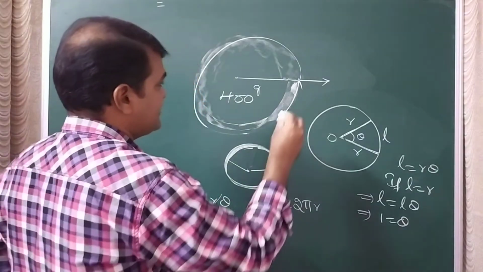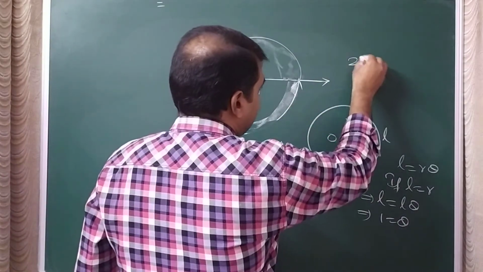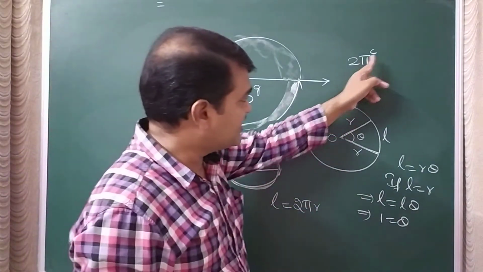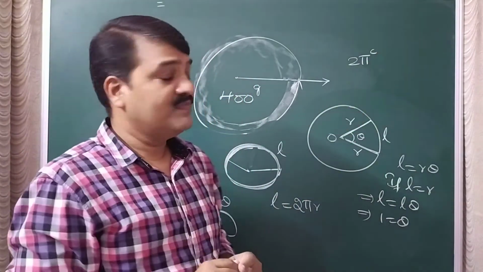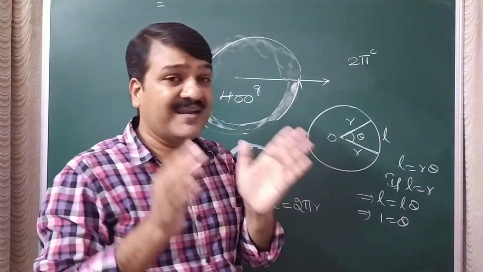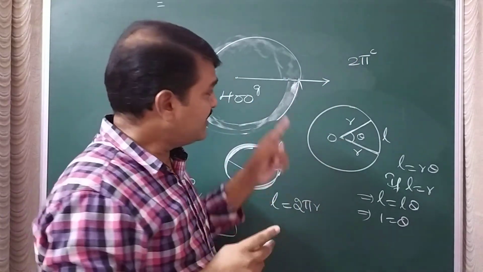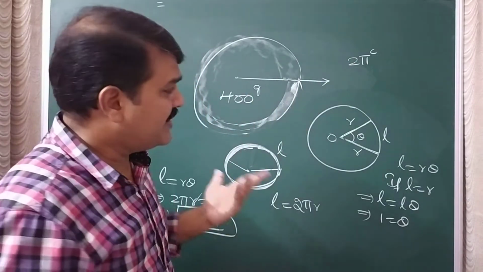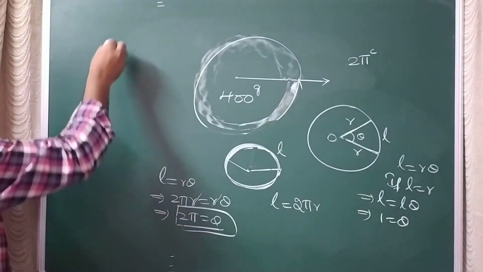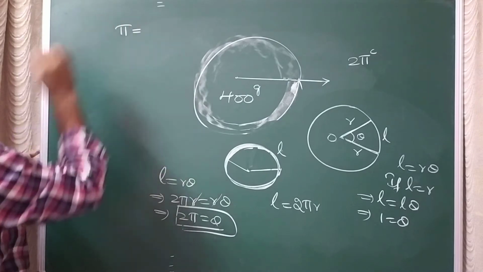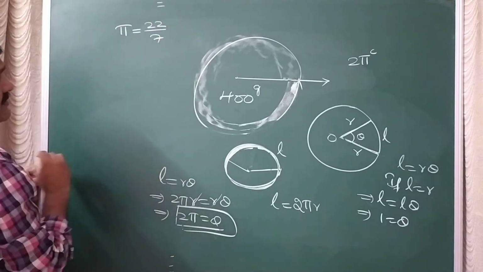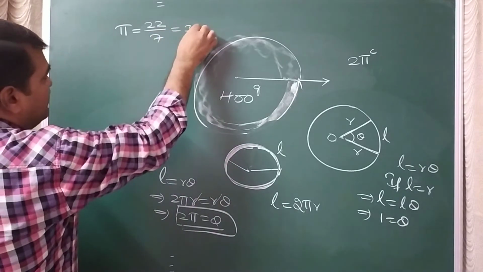And this is the symbol we use for radians: in the superscript we will write a small c. That is the symbol we use for radian measure. So one complete circle is giving us 2 pi radians. What is pi? Pi is an irrational number whose value is 22 by 7, approximately 3.14.